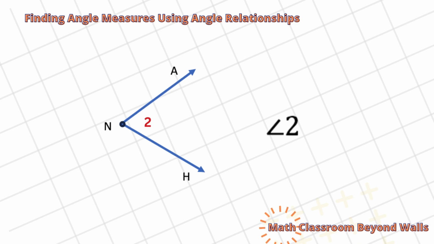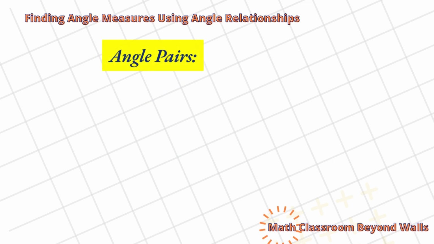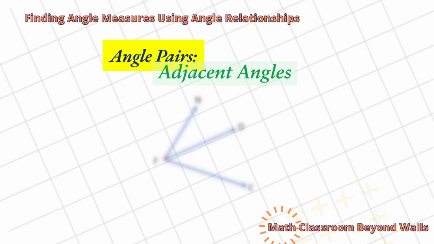Having recalled the different types of angles and how they are named, we will now move on to the different angle pairs and their relationships. Let us look at them one by one. First, adjacent angles. Adjacent angles are angles sharing a common side and vertex.